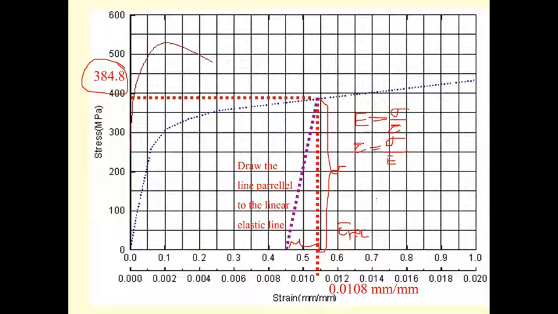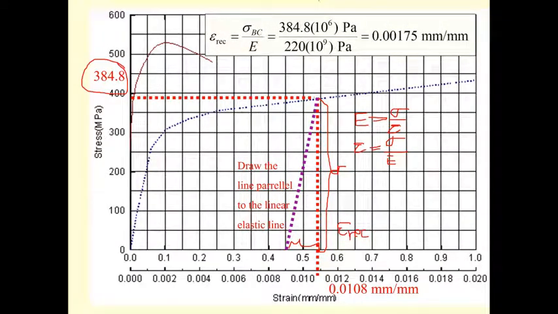The stress is 384.8 times 10 power 6 divided by the modulus of elasticity, 220 times 10 power 9. So it's going to return by 0.00175. So at this point, this is the strain of the BC, and it returns by 0.00175.